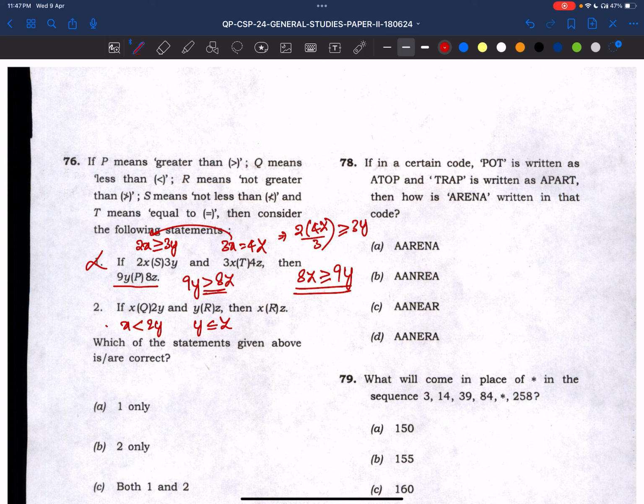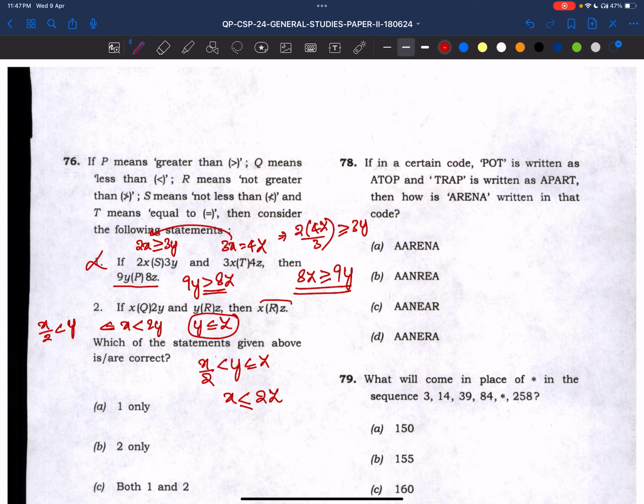See, we can rewrite it as x by 2 less than y, right? So, what we got? y less than or equal to z and y greater than x by 2. So, it will be what? x less than or equal to 2z, right?